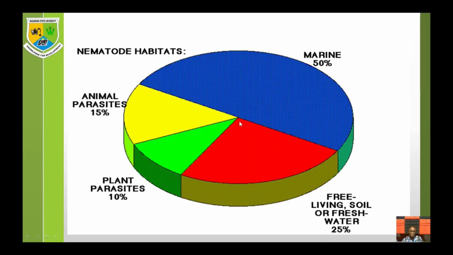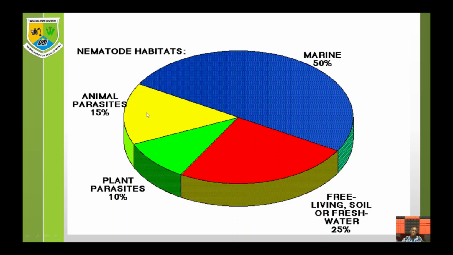And we can also see visually, even without that measurement, that the red representing the free living or the soil nematodes is next in size, which represents 25%. And we can also see that the animal parasitic, which is represented by yellow, is next, and the plant parasitic nematodes has the smallest segment.